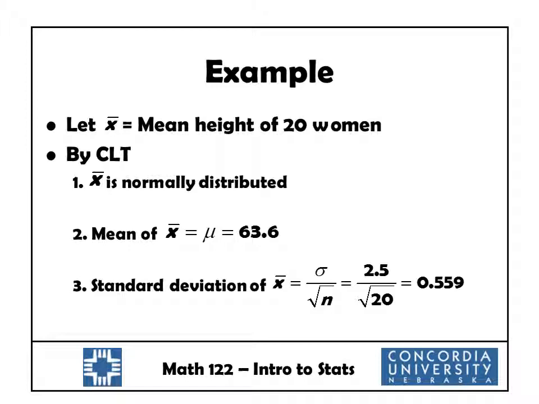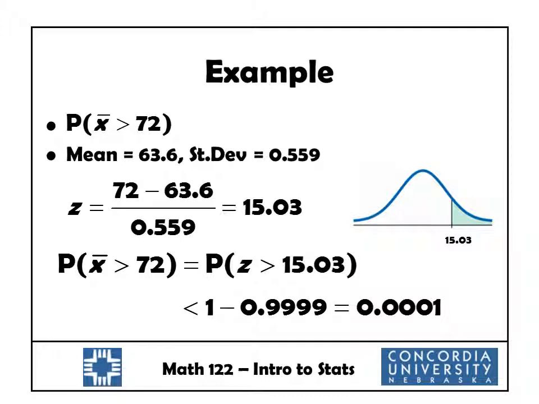We're told that x bar is normally distributed, has a mean equal to the population mean, and a standard deviation equal to the population standard deviation divided by the square root of the sample size, which comes out to be this number here. And then we want to find the probability that the sample mean is greater than 72. That random variable has this mean and this standard deviation, and it has a normal distribution, and so we're dealing with a non-standard normal distribution at this point.